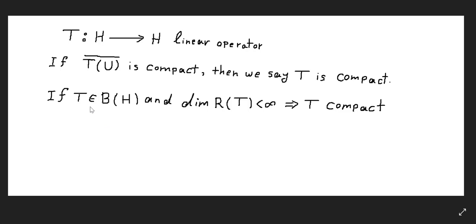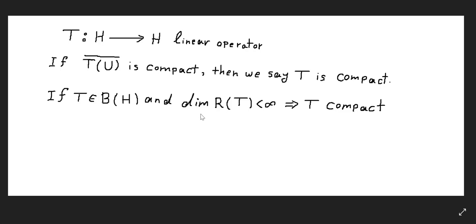And if you remember, we mentioned that if T is a bounded linear operator on H, belongs to B of H, it means bounded linear, and the dimension of the range of T is finite, such operators are called of finite rank.